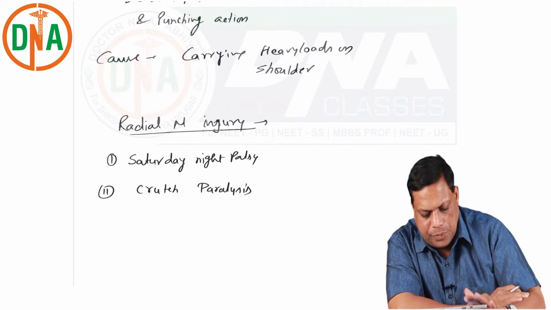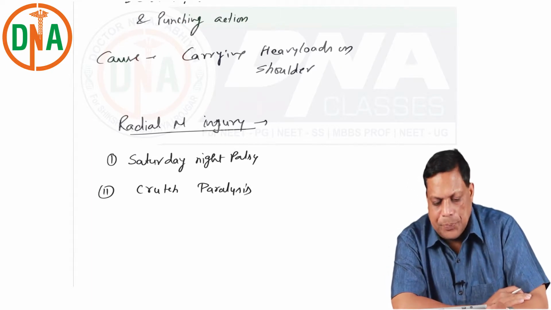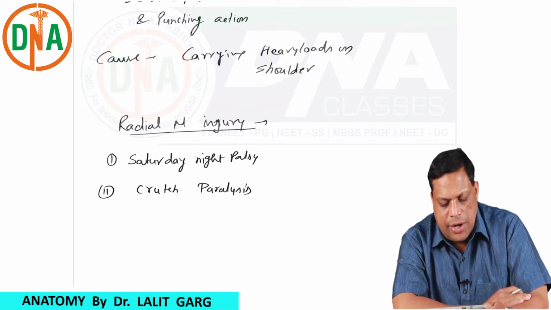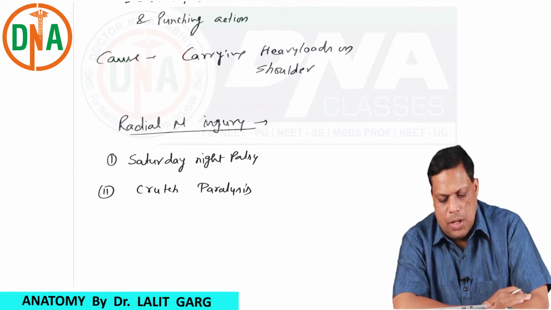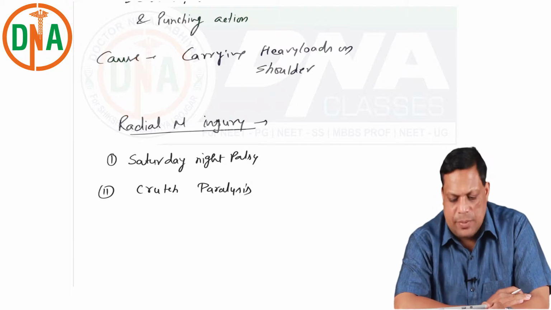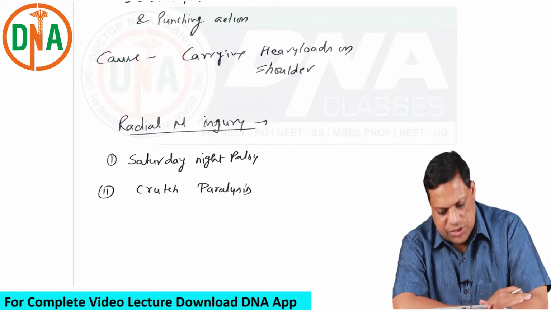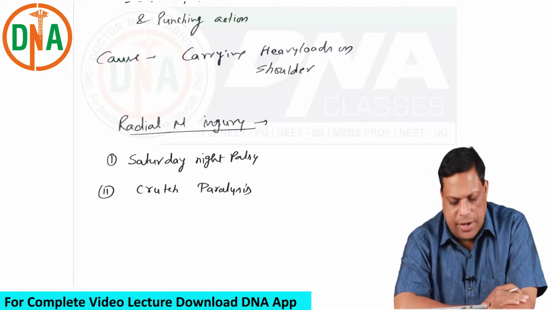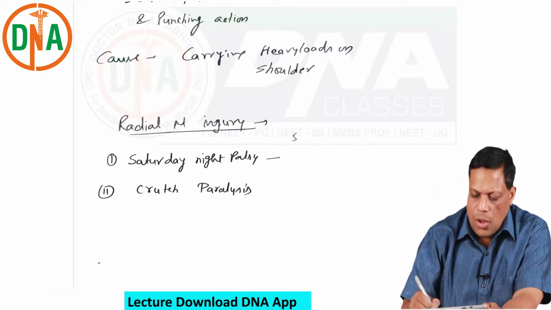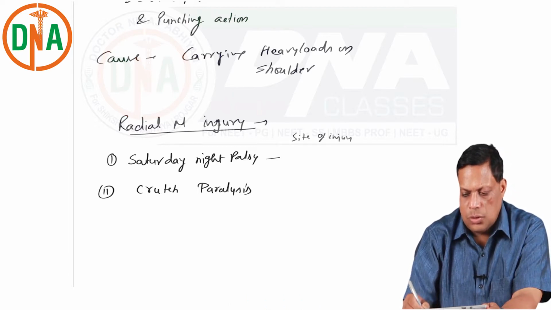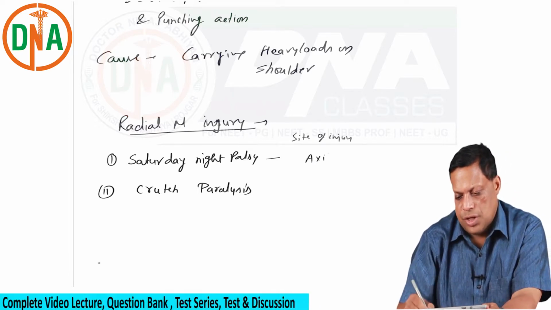These are the names of two injuries which occur due to radial nerve injury. Which nerve is damaged in Saturday night palsy? It is the radial nerve. Which nerve is damaged in crutch paralysis? It is the radial nerve. What is the site of injury? In both these types, the site of injury is the axilla.